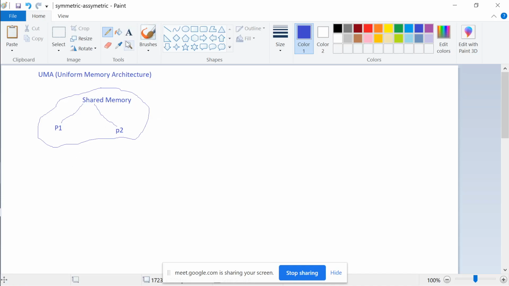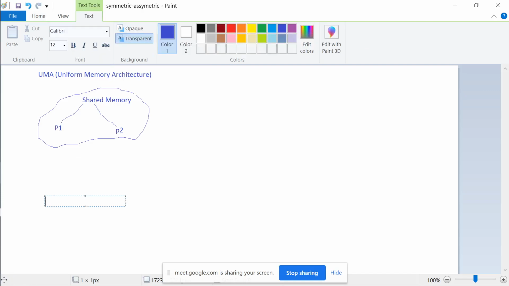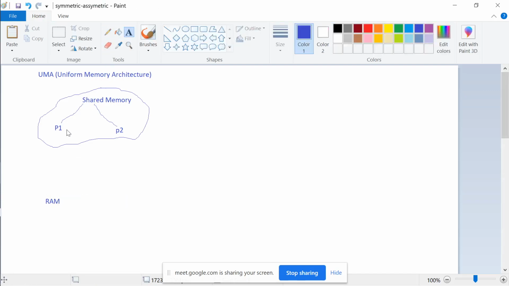Your RAM can be separate. But your RAM is actually not a shared memory, because the processes inside the RAM are kept separately. But here, if the shared memory is here, the data can be shared between the two processors, and hence it is faster.